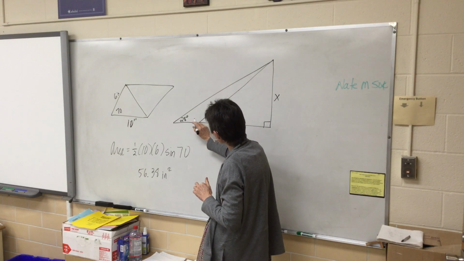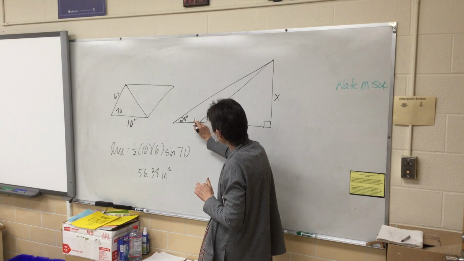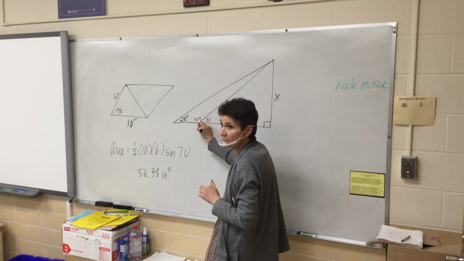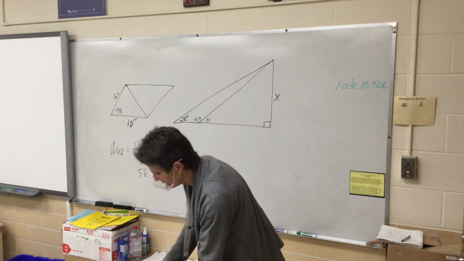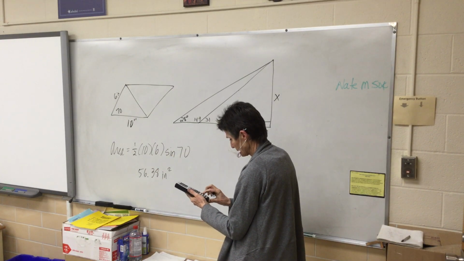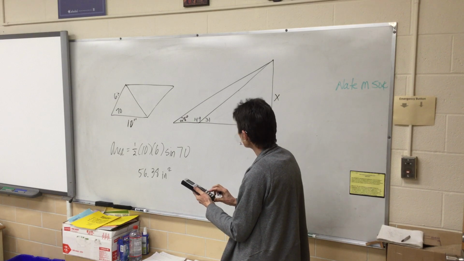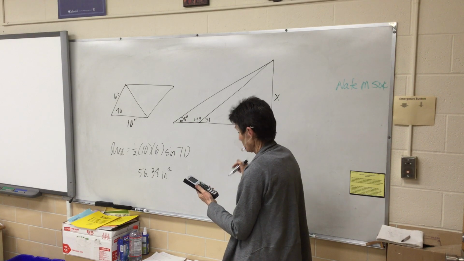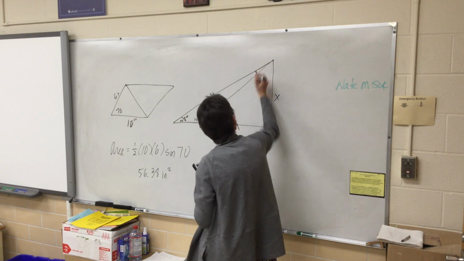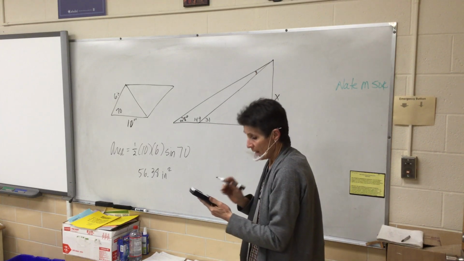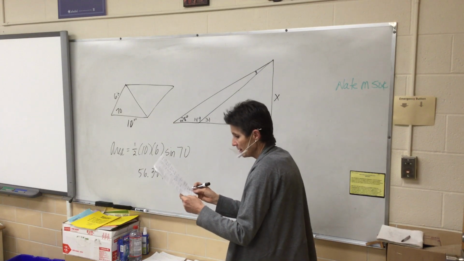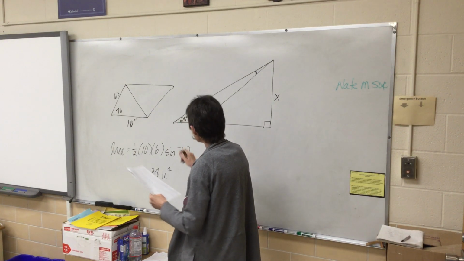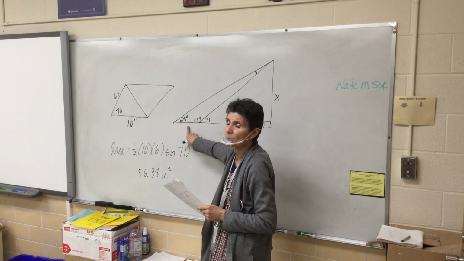I know this angle, for example, is 149. And that would mean that little tiny one at the top is 3.